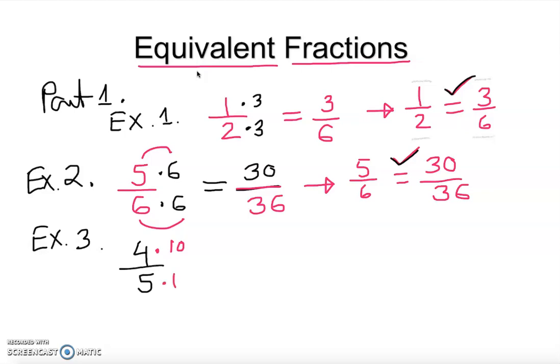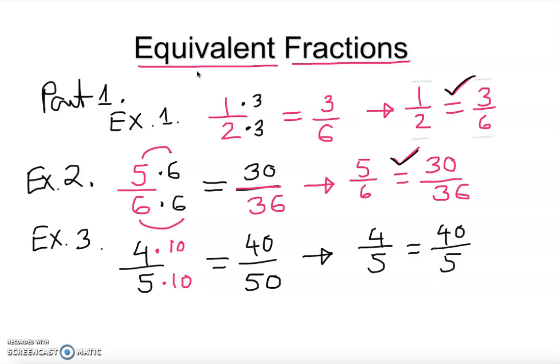If I multiply by 10, 4 times 10 is 40, 5 times 10 is 50. So therefore we can now say 4/5 is equivalent to 40/50. Again, in this process you can find a million equivalent fractions of your choice.